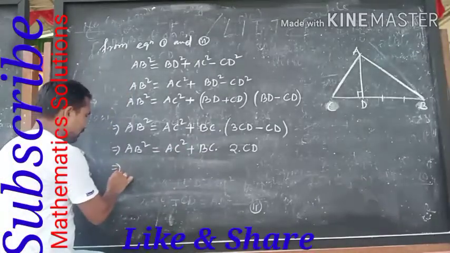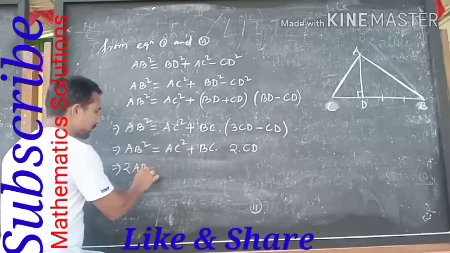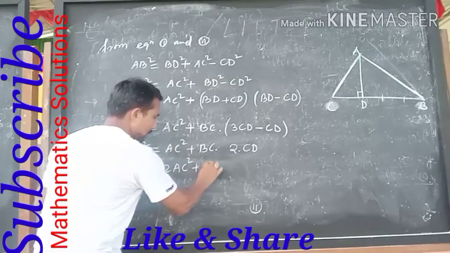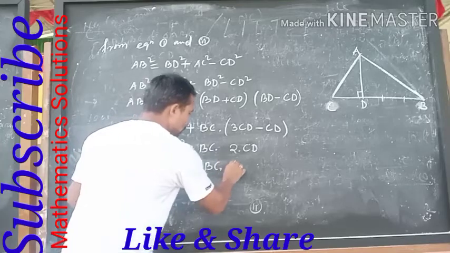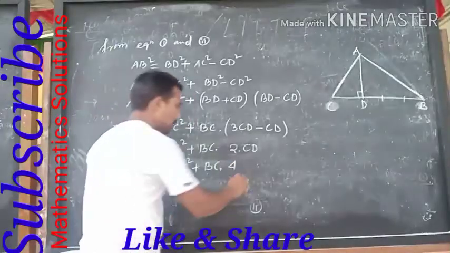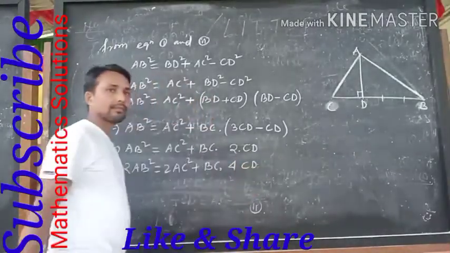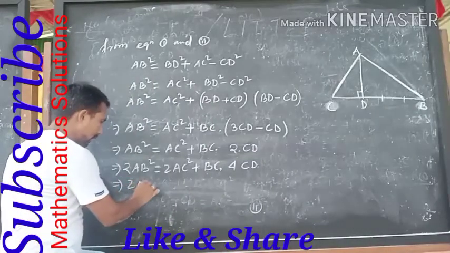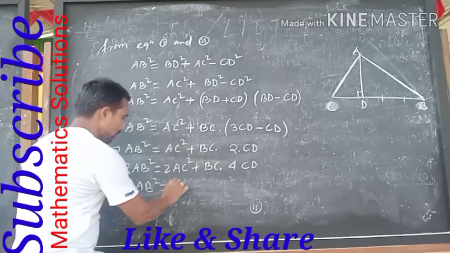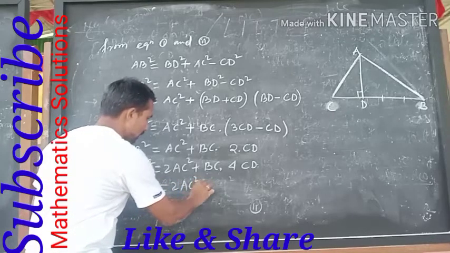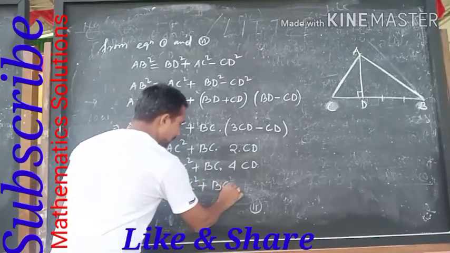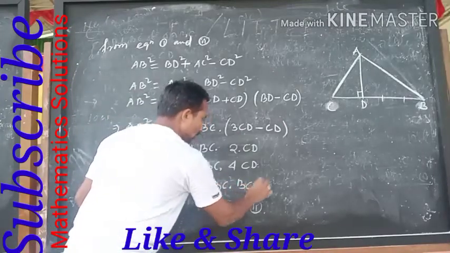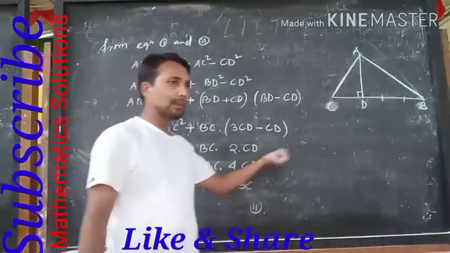So we will get twice AB square equals twice AC square plus BC into 2 times 2CD, which is 4 CD. 4 CD is equal to BC.